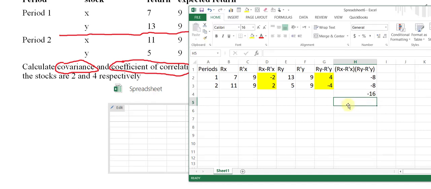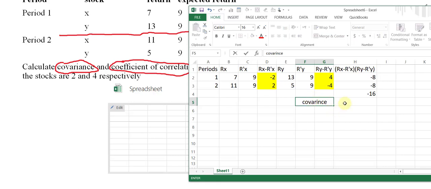So basically, this is still not the covariance. How can we find the covariance? For calculating the covariance, this result should be divided by the number of periods, right? So here you can write covariance.